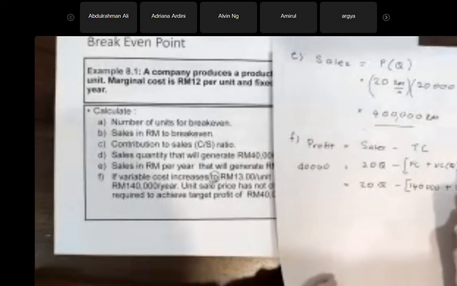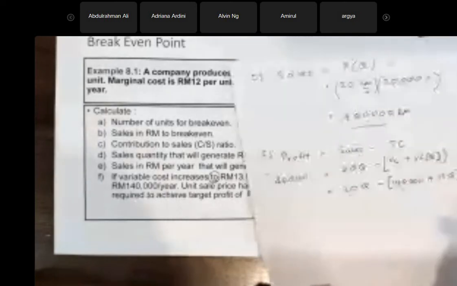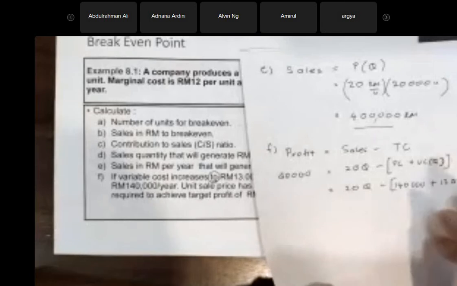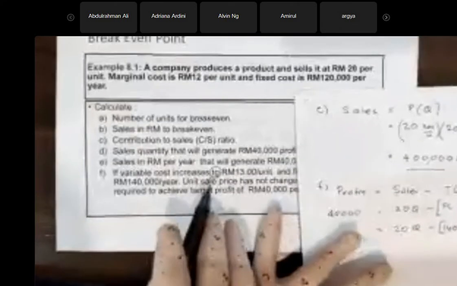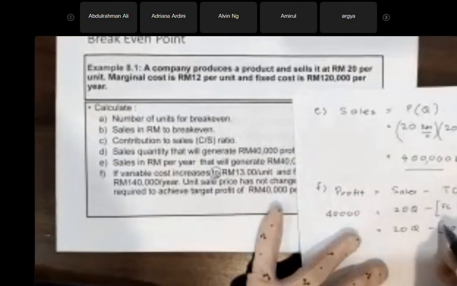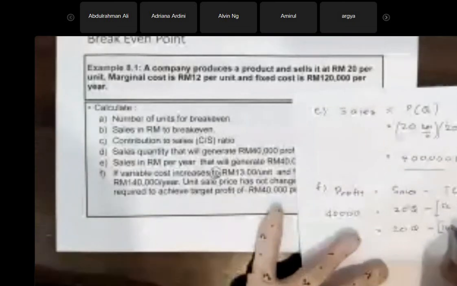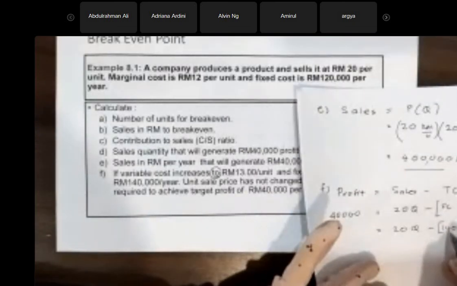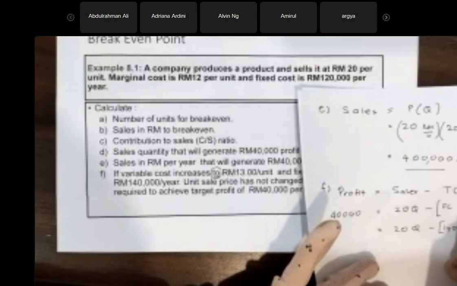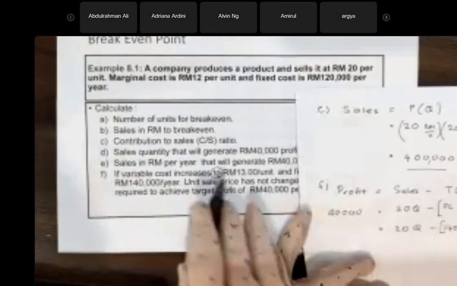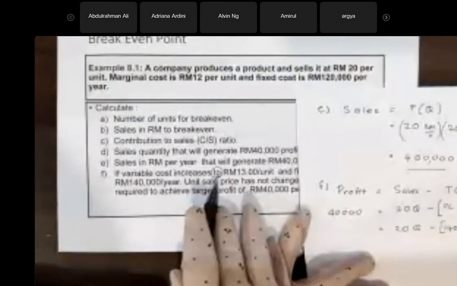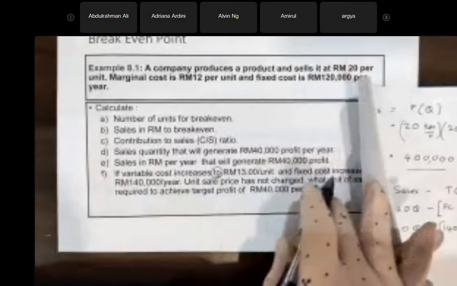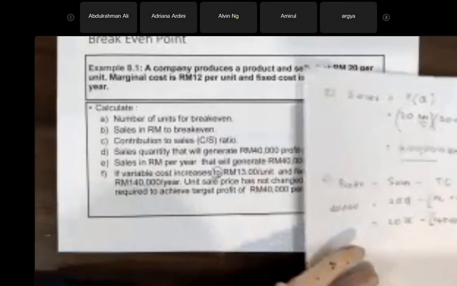The fixed cost is just 140 plus 13Q. Otherwise, if the sentence said increase by 4, the original 120 would be added to the increase. But now it's only 'to'. So it's 140.